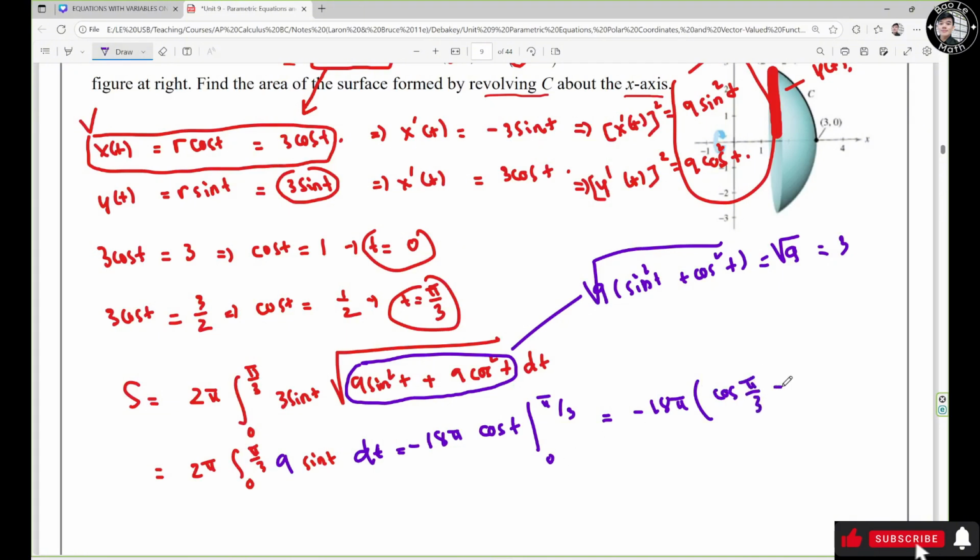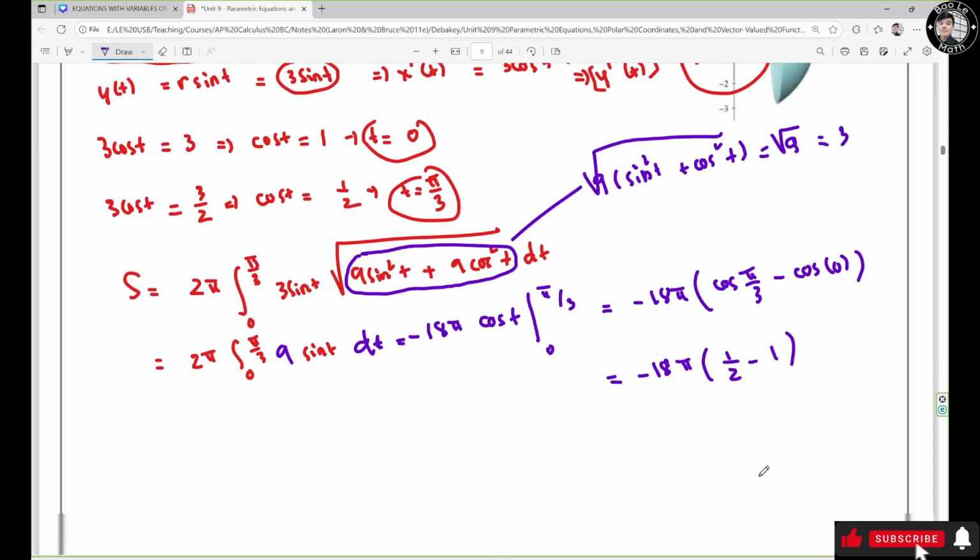Substitute 0 for t, it's going to be negative cosine of 0. So it's going to be negative 18 pi times cosine of pi over 3, which equals 1 half, minus cosine of 0, which equals 1. So it's going to be negative 18 pi times negative 1 half, so the answer is 9 pi, right?